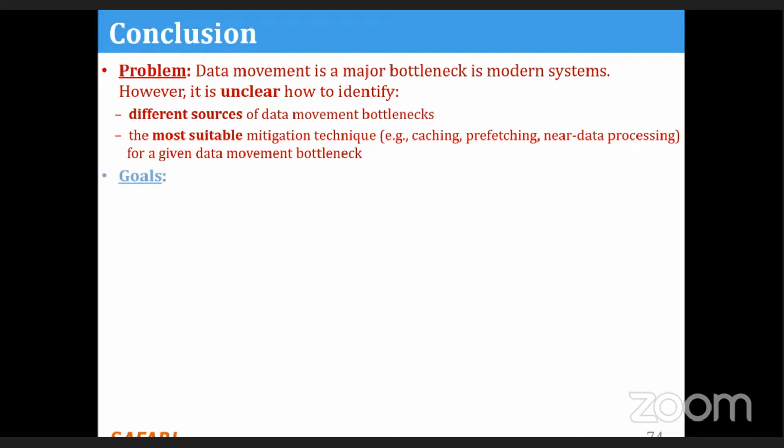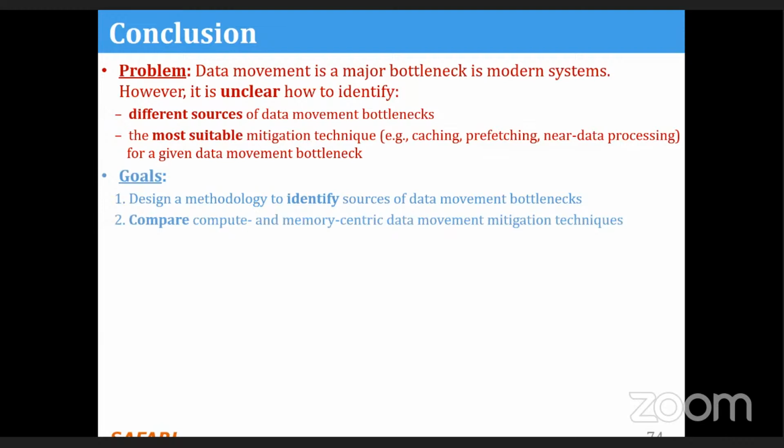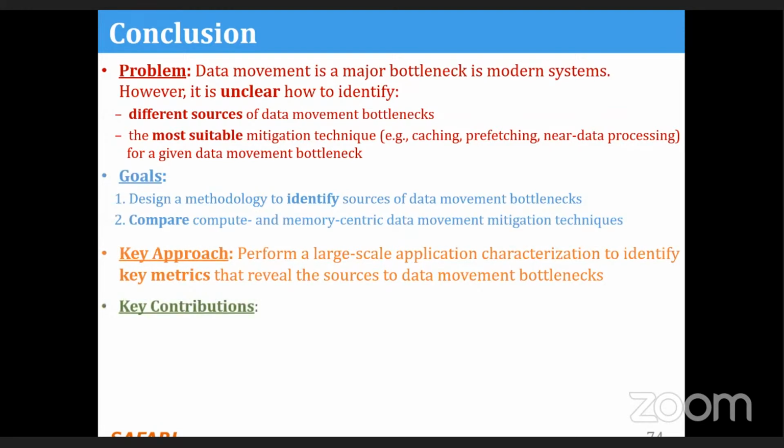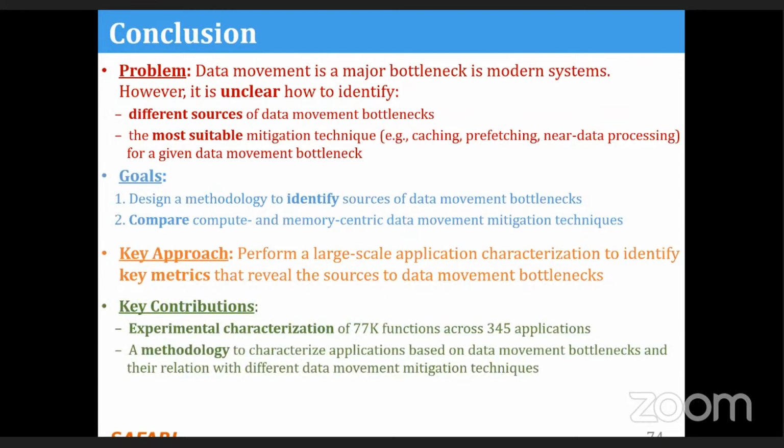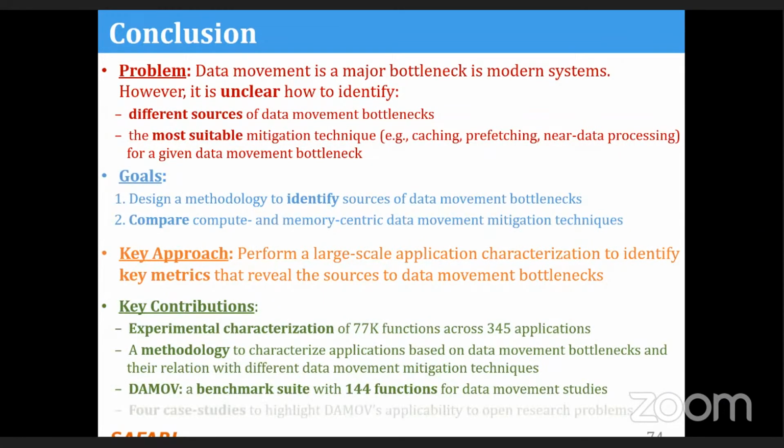And it's really desirable and necessary to characterize the data movement bottlenecks in order to propose specific data movement mitigation techniques for these different bottlenecks, right? And that's what we do in this work, proposing a methodology and performing a large workload characterization. And we have open sourced a simulator and a benchmark suite that can be useful for future studies on processing in memory.